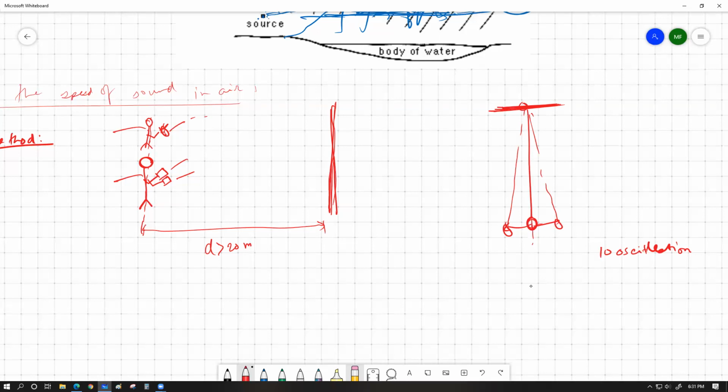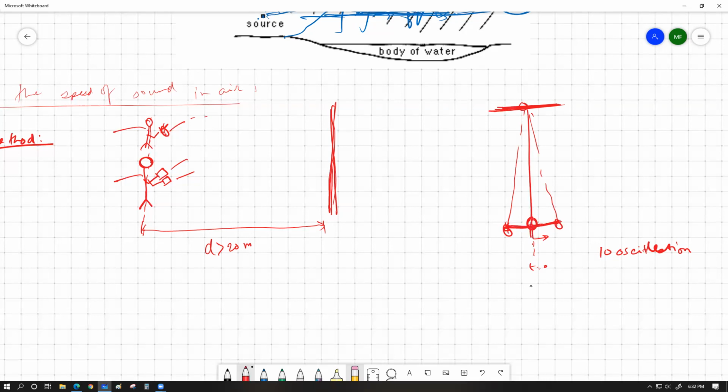For example, if we press the stopwatch whenever it's going over here like this, then this is our t equals 0. So when the pendulum goes all the way to the right, then all the way to the left, and then once it reaches here, this is 1 time period.